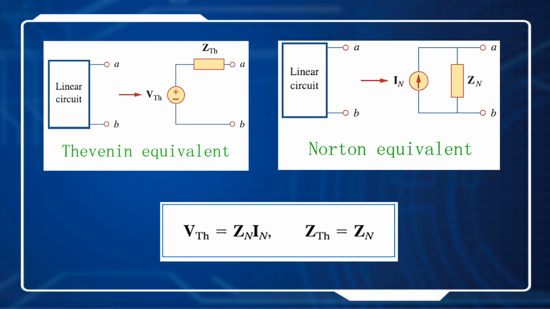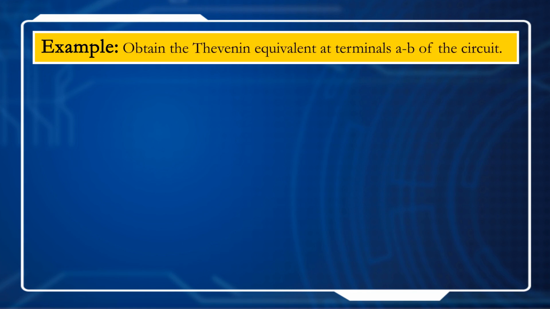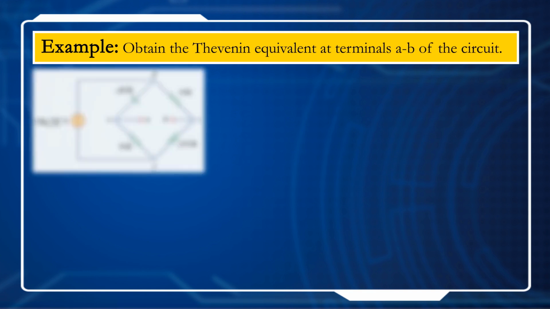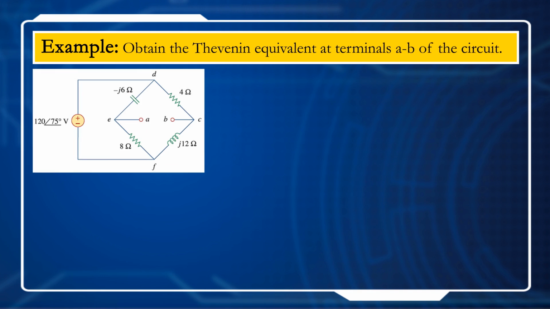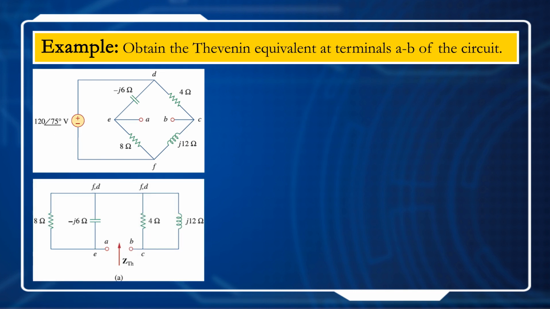Let's look at this example. Example 10.8. Obtain the Thevenin equivalent at terminals A and B of the circuit in Figure 10.22. To do that, we should calculate the equivalent impedance.